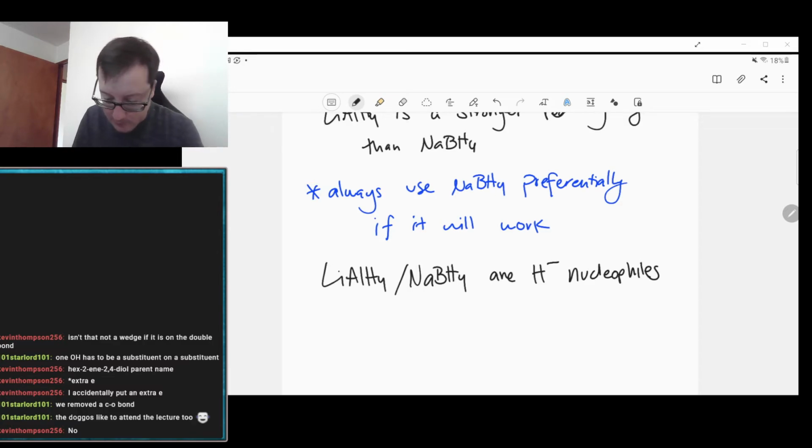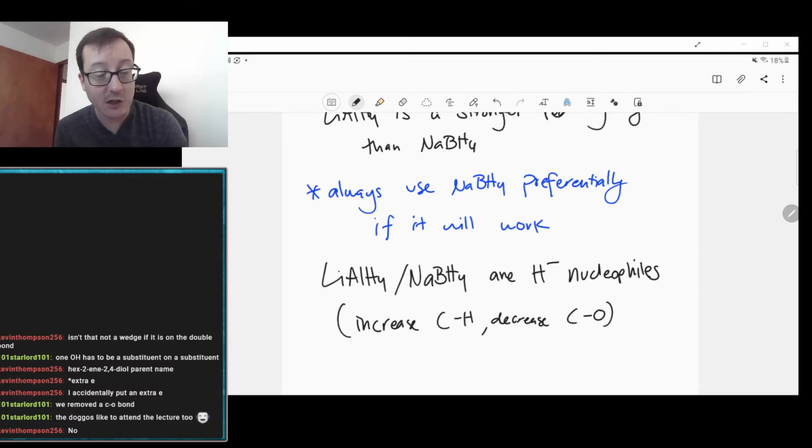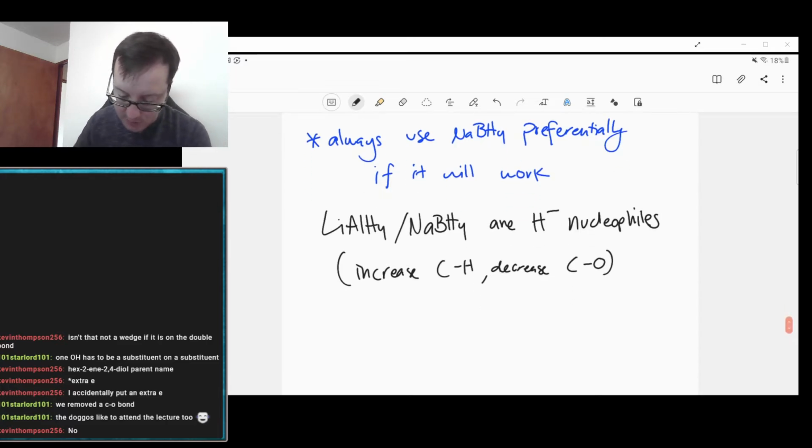And what they will do is they will increase CH and decrease CO bonds. So you'll typically see an oxidation change of 2 because you're increasing CH bonds and you're decreasing CO bonds. We're going to see we have other ways of reducing carbonyls into alcohols using non-hydride things. And we're going to see that these will have different oxidation number changes.